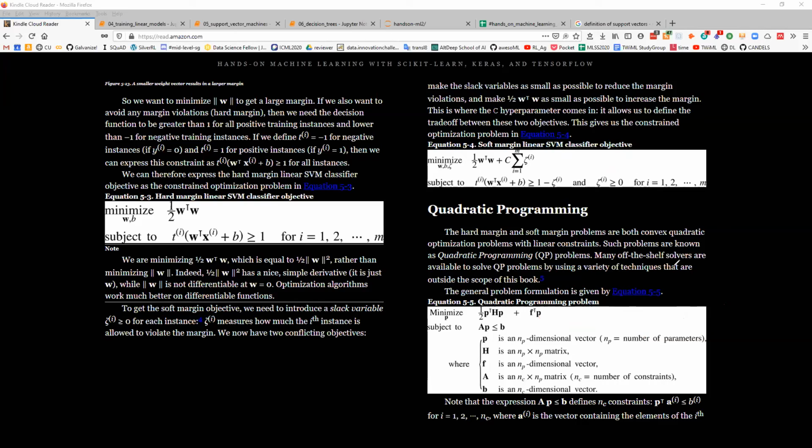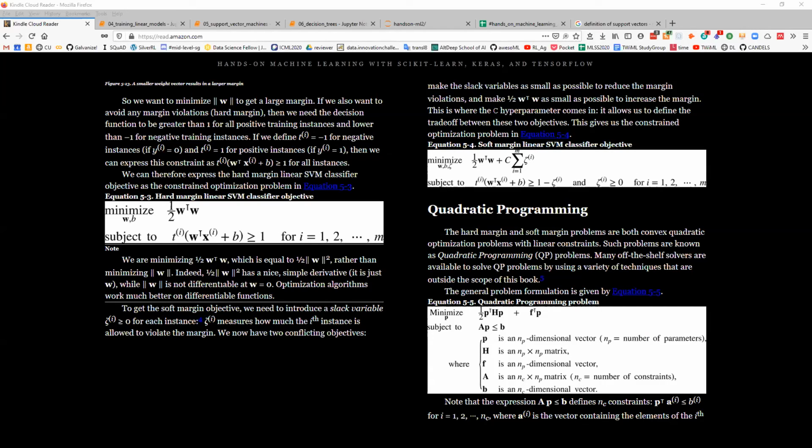Mm-hmm. Right. But it's not clear how you even get the hard margin solution. So, yeah. Well, we just have to continue to go forward, and we can probably think more about it or Google around. Maybe someone asked a question.